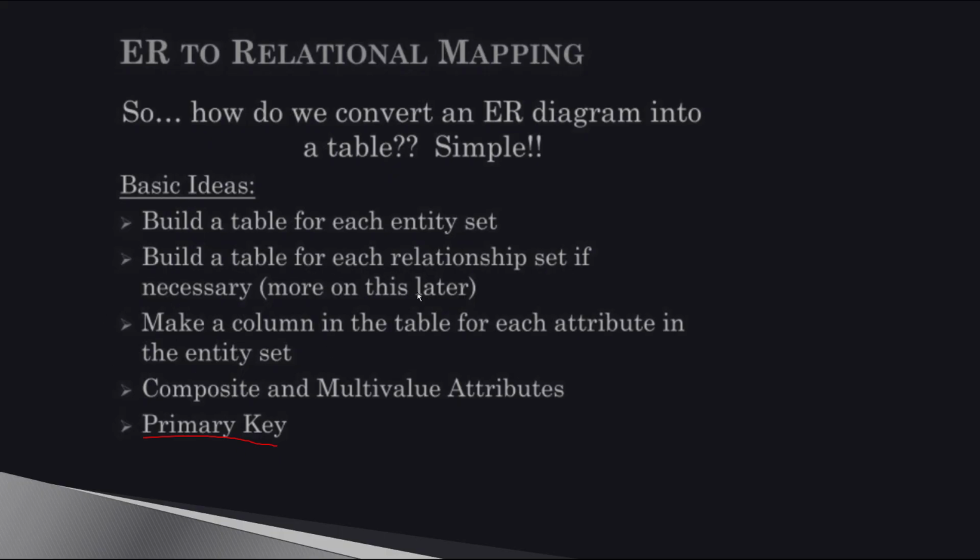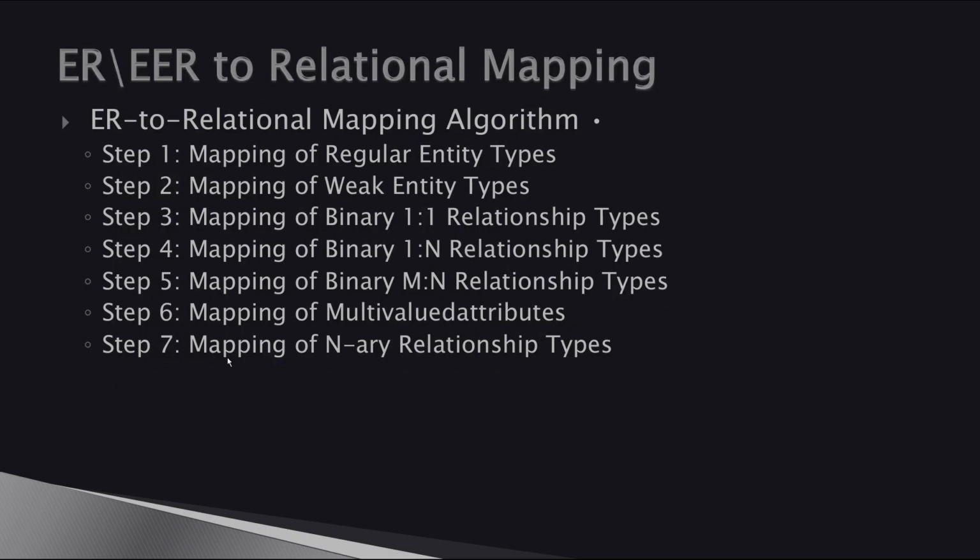And in addition, when it comes to the relations, you might make a table for a given relationship, or you might not. It depends on the type of relation, and we'll see that in a bit as well. So here are different types of components in ER diagrams. Each one gets a specific treatment in this conversion.